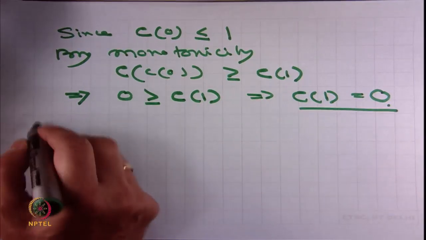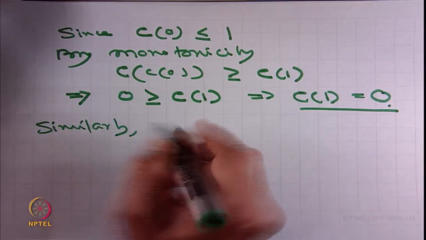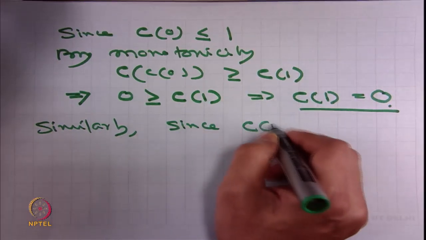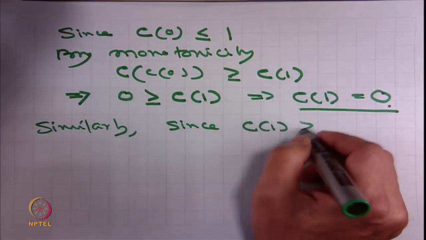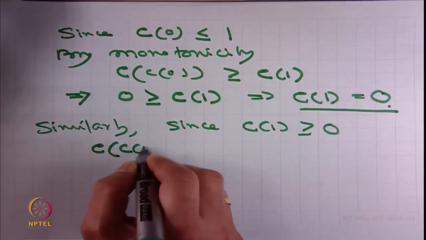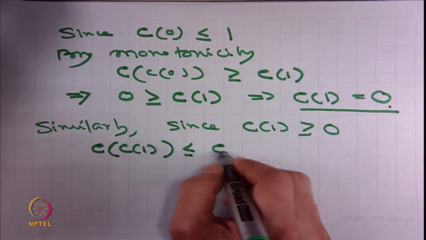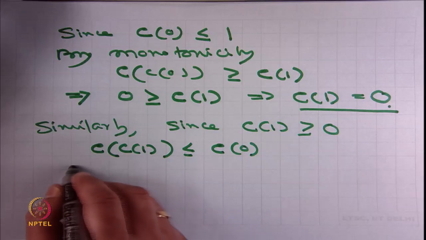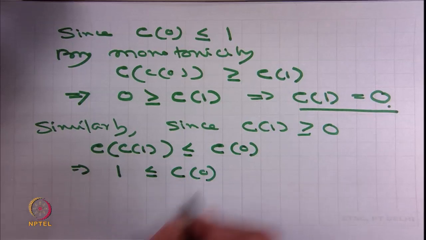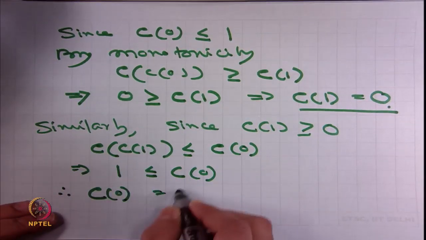Similarly, since C of 1 is greater than or equal to 0, C of 1 is less than or equal to C of 0, which implies 1 is less than or equal to C of 0. Therefore, C of 0 is equal to 1.